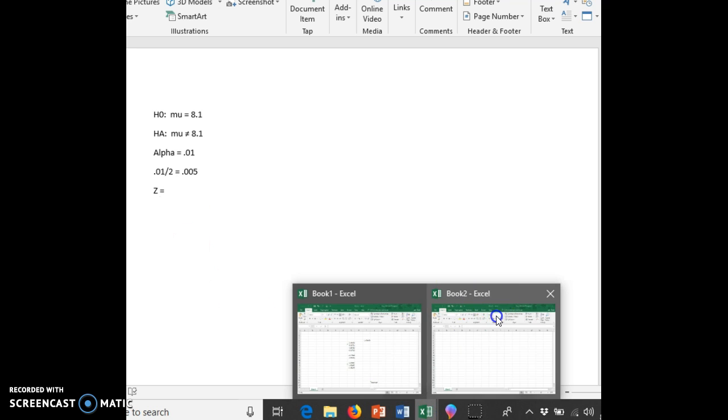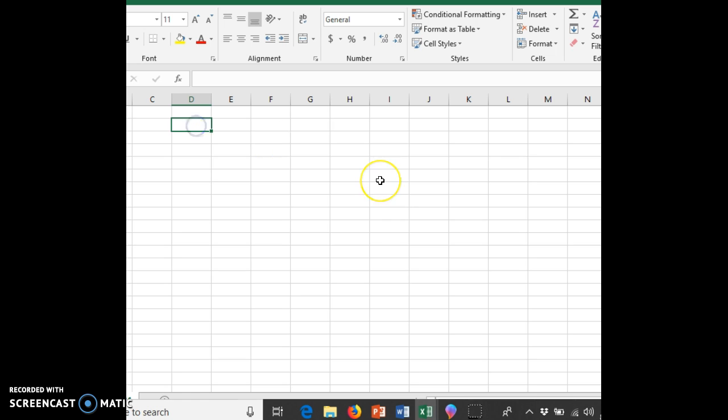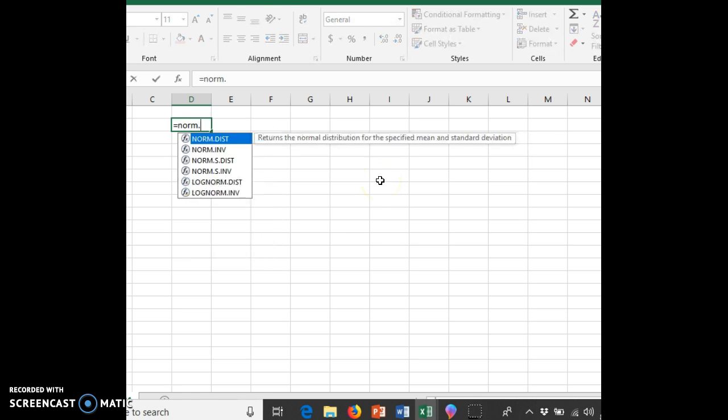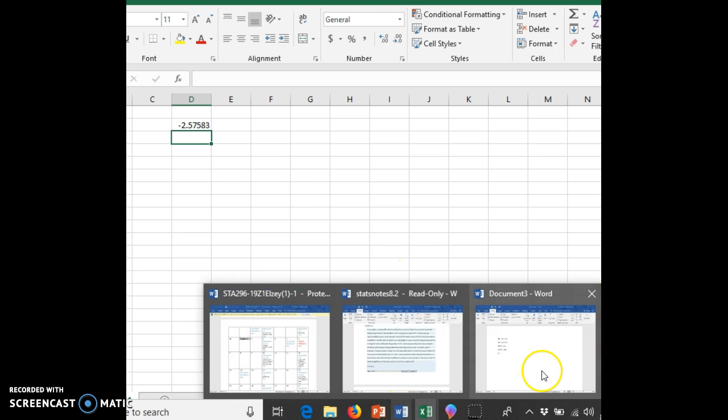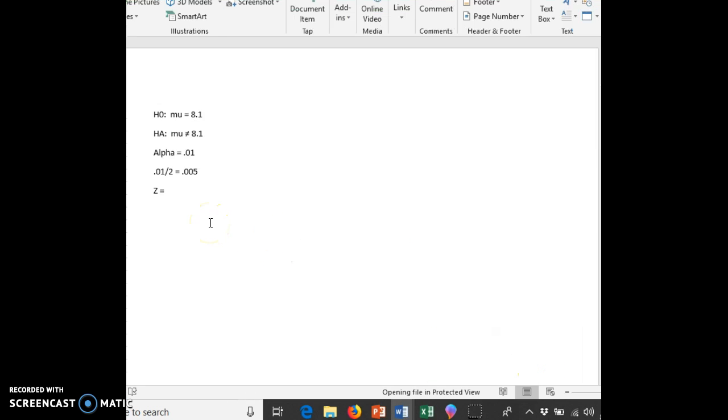By putting 0.005 in, I'll do equals NORM.S.INV of 0.005, and I get negative 2.576. And then we have another one on the right side of the curve, which is the exact opposite, positive 2.576.